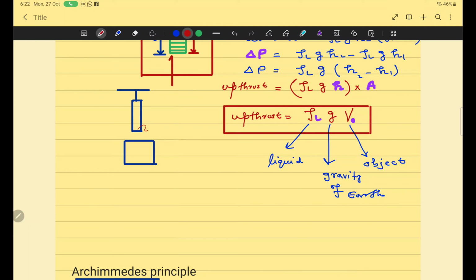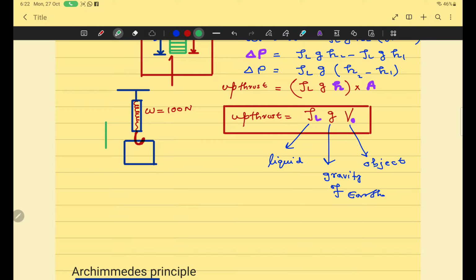The block is hung vertically from the spring balance in air. Consider the weight of the block in air is 100 newton. Right now the block is hanging in air.